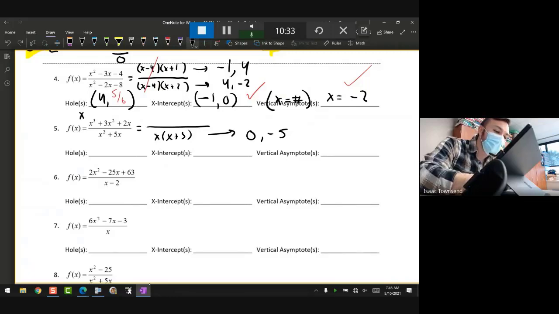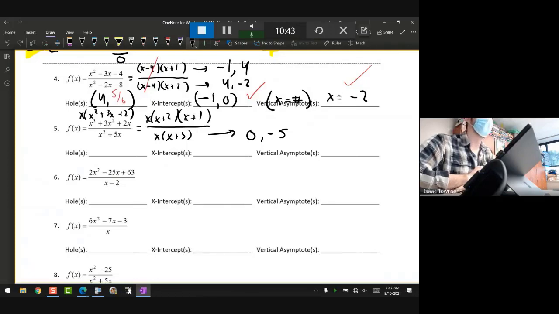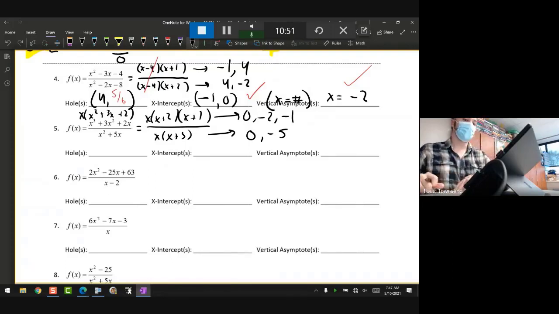The numerator has a GCF of x and factors as x plus 2 times x plus 1. So where x equals 0, where x plus 2 equals 0, and where x plus 1 equals 0. Okay, so maybe you don't factor it quite as quickly as me, but you see the process.